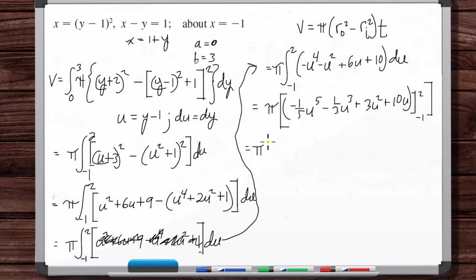Okay, so we've got 2 to the fifth is 32, so minus 32 divided by 5, minus 8 thirds, plus 24, plus 20, minus, then you've got 1/5 plus 1/3 plus 3 minus 10.